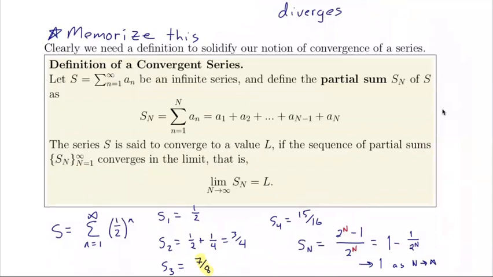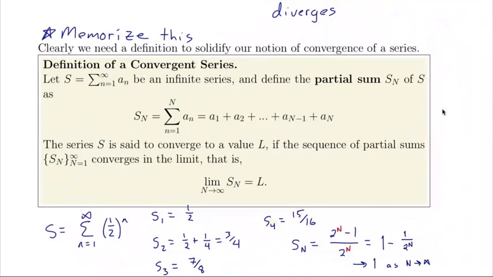When we add up the first four terms, we get 15/16. Of course, the details aren't written in here, but the viewer can check those on their own. And really what we can conjecture is that s sub n, the nth partial sum, is equal to (2 to the n minus 1) over 2 to the n. So here if we look, 2 to the 4th is 16, minus 1 is 15.